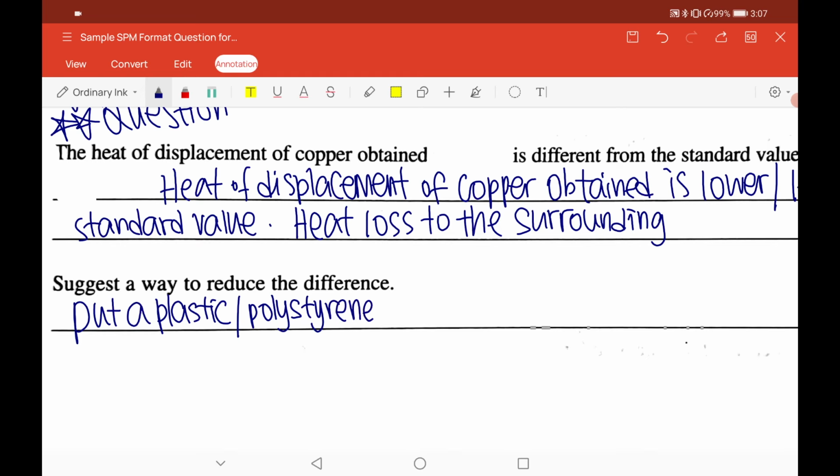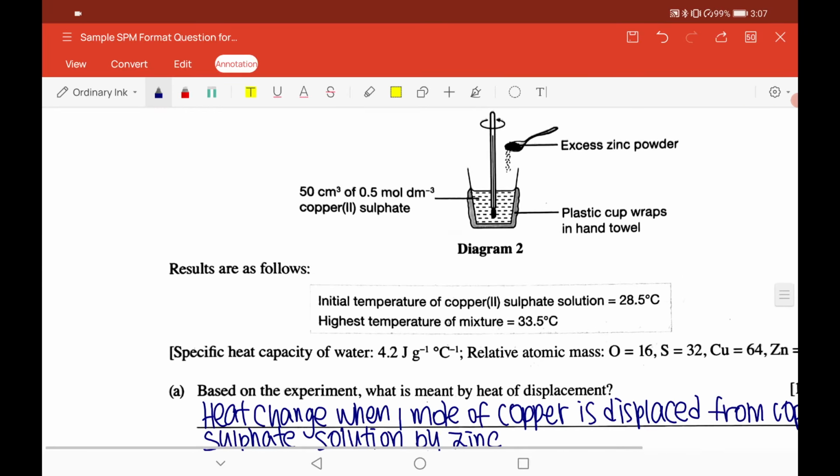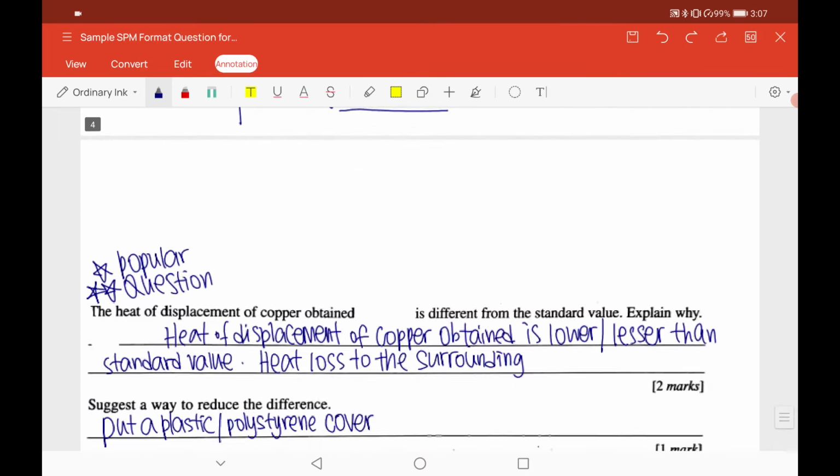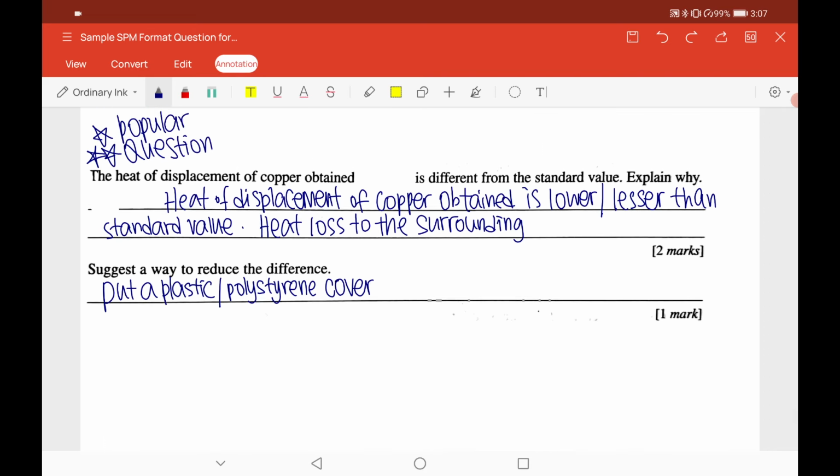So what material can reduce the heat loss? Plastic. We can use plastic or polystyrene material to reduce the heat loss. This is one of the methods that we can use to minimize the heat loss to the surrounding. So I think that's it.